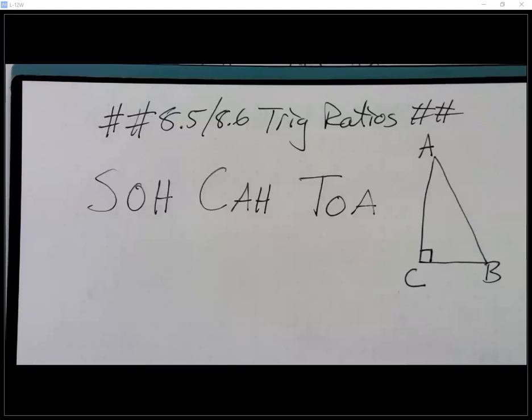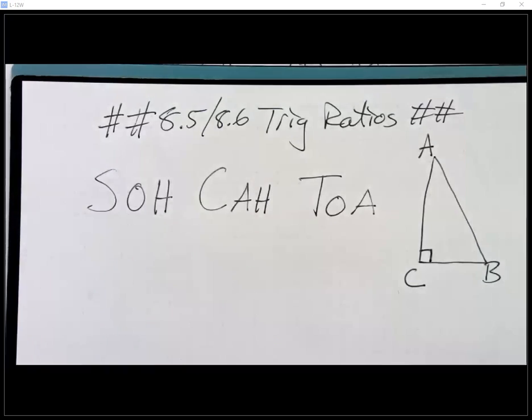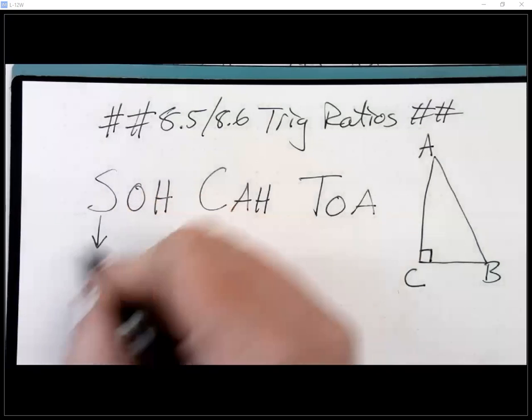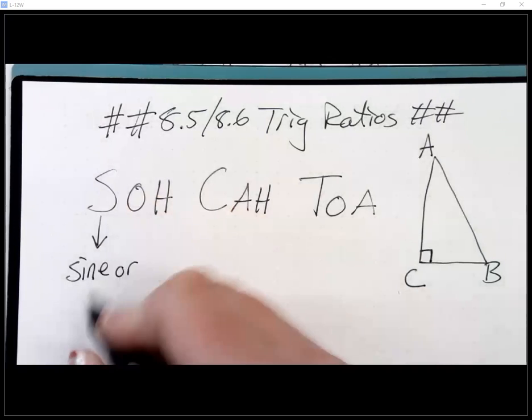All right, so this first chunk of the word, the S stands for sine. So we'd have sine, or we get lazy and we abbreviate it as SIN.